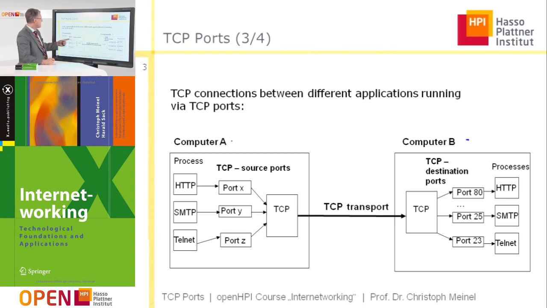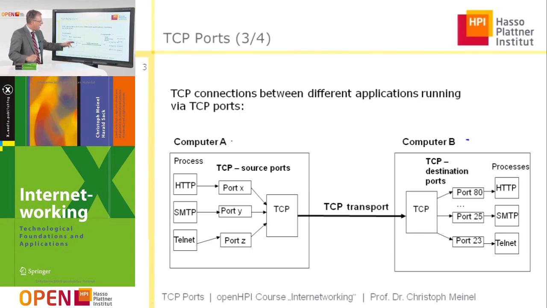For HTTP, a port number is used. Then a TCP connection is established, and the addressee port is fixed. This is a reserved port, 80 for HTTP. So if a process on computer A wants to send an HTTP message over this TCP communication to the HTTP process on the side of computer B, it has to address port number 80.